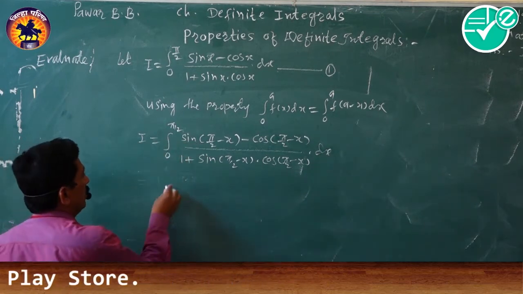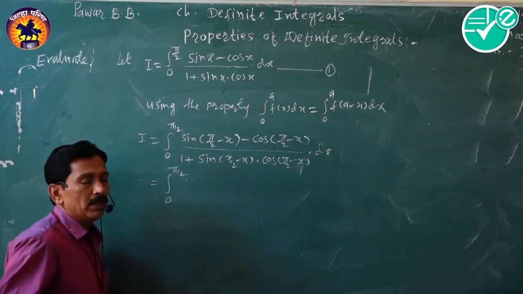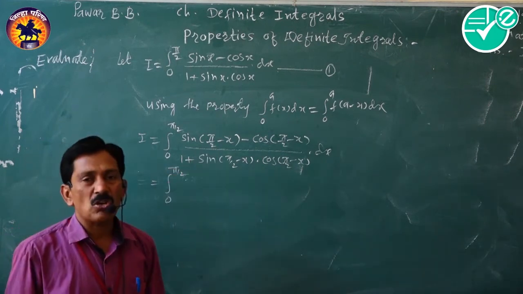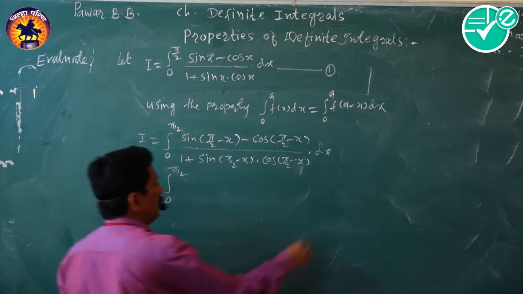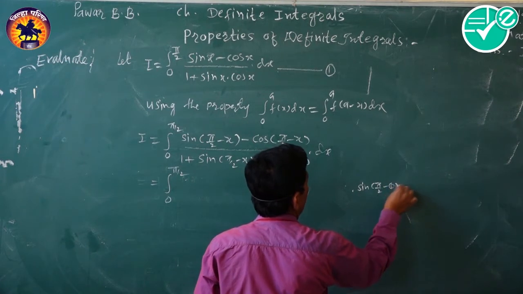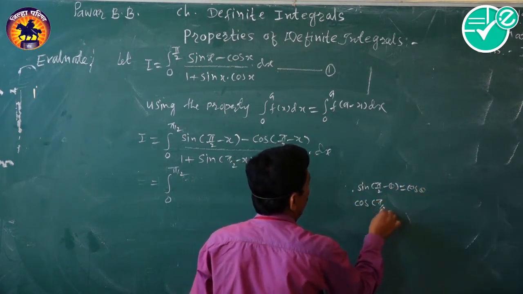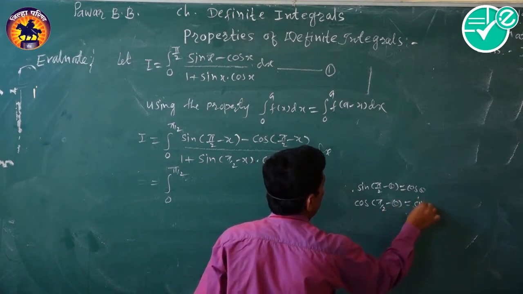Now, since sine pi by 2 minus theta is equal to cos theta, and cos pi by 2 minus theta is equal to sin theta.